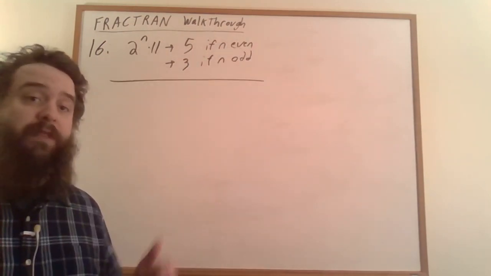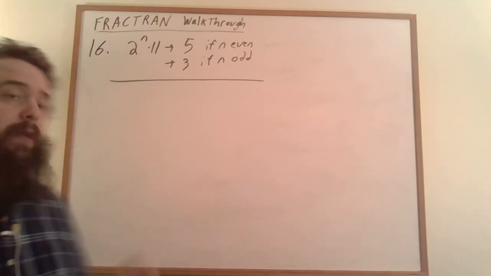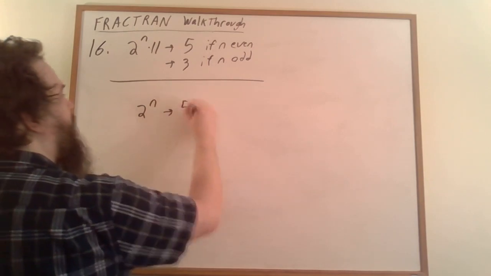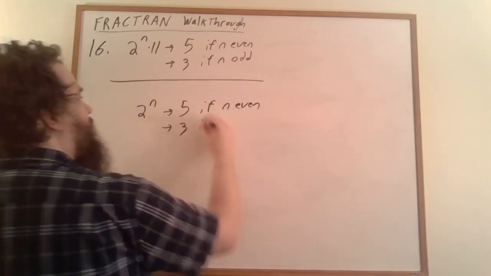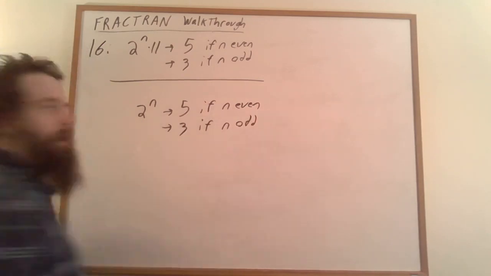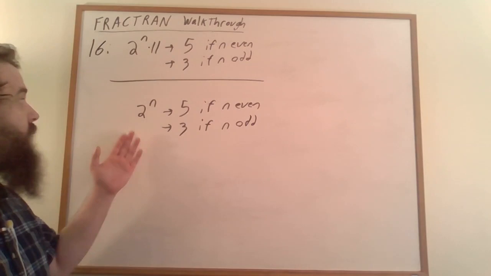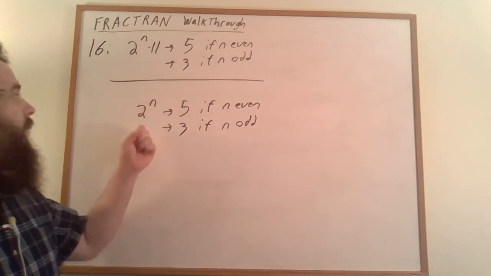Having control primes gives us the ability to do things that we couldn't do before. Remember that we couldn't write a program to turn 2 to the n into 5 if n was even, and 3 if n was odd. And specifically, the only reason why we couldn't write a program to do this is because if n is equal to 0, this is 1.